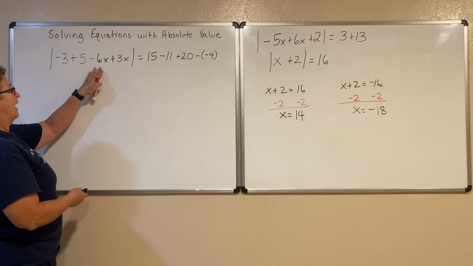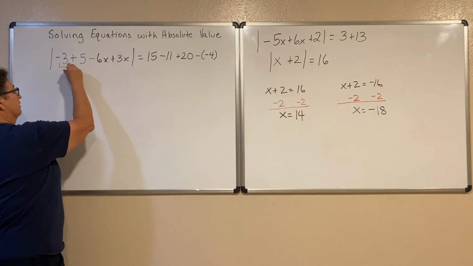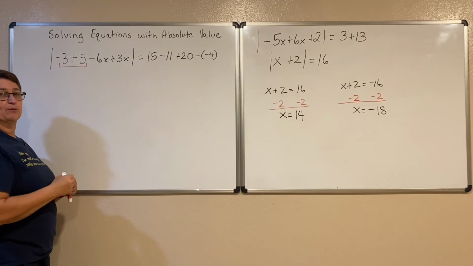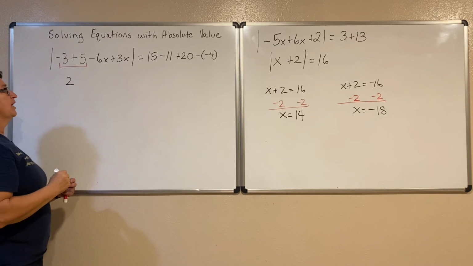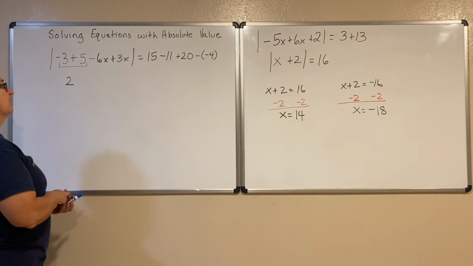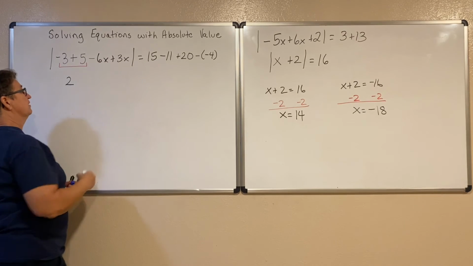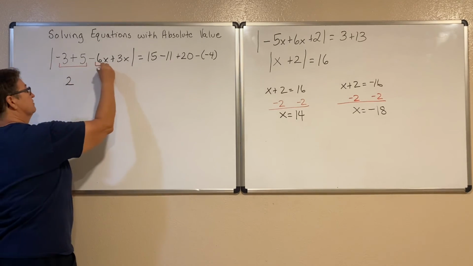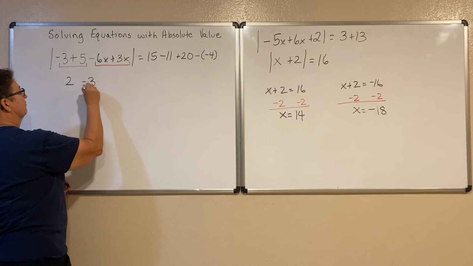So inside my absolute value sign, I can combine these two like terms. So negative 3 plus 5 is a positive 2. And I can also combine these like terms, a negative 6x plus 3x is equal to a negative 3x. So negative 3x.